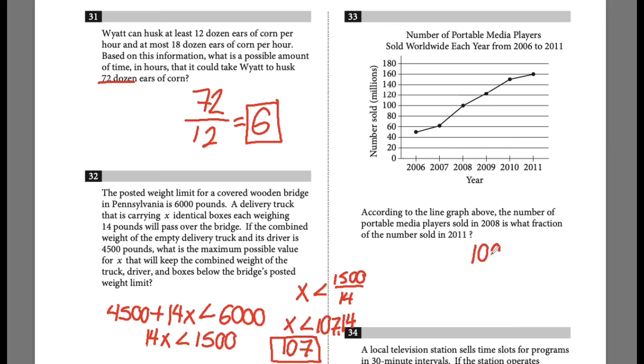So it's going to be 100 divided by, since they're talking about what fraction the 2008 number is of the 2011 number, we're going to do 2008 divided by 2011. In 2008, 100 were sold. In 2011, 160 were sold. So this is going to be 100 over 160, which simplifies to 10 over 16, which finally simplifies to 5 over 8.